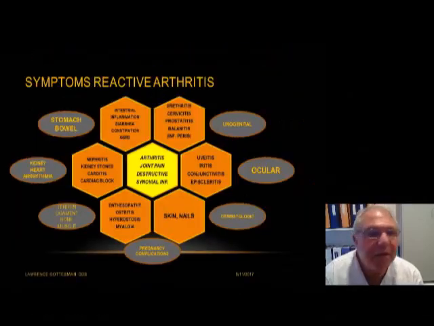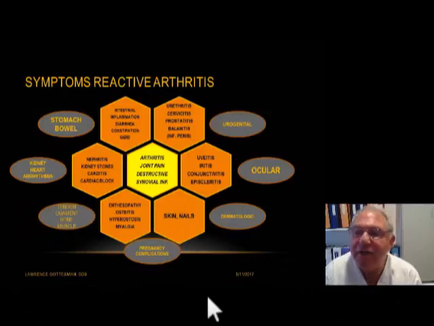Just to put the symptoms up there of a reactive arthritis, it includes issues related to the stomach and bowel, urogenital. It can include manifestations in the eye like conjunctivitis and iritis. It includes, in the center over here, arthritis and joint pain, and can be highly destructive if not caught early.